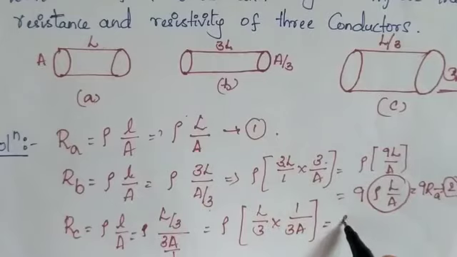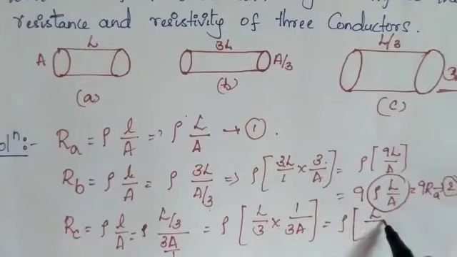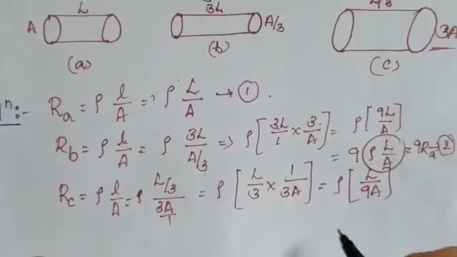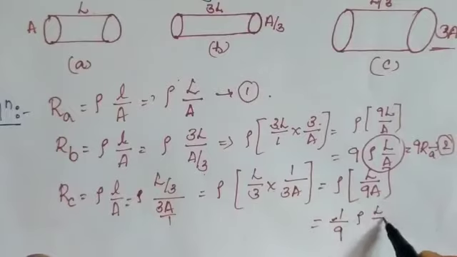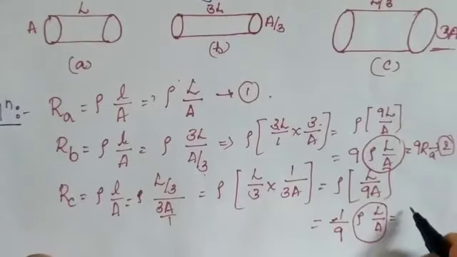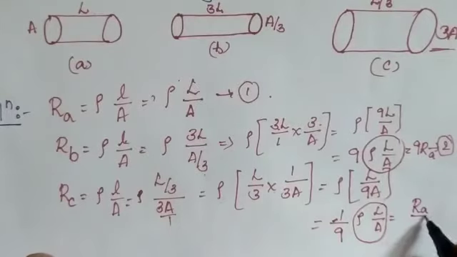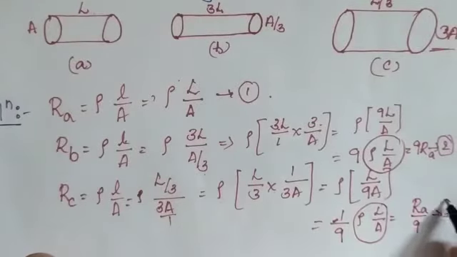That is equal to rho into L divided by 3 times 3A, which is 9A. So I can write this formula as 1 divided by 9 into rho L by A, and rho L by A means Ra. So Rc is Ra divided by 9. This is equation number 3.